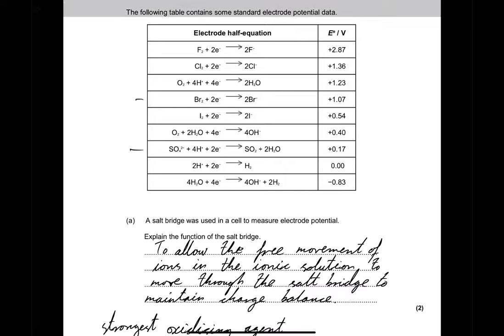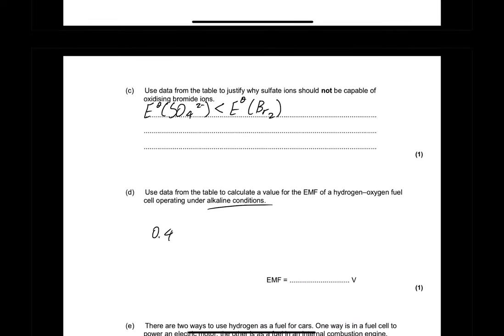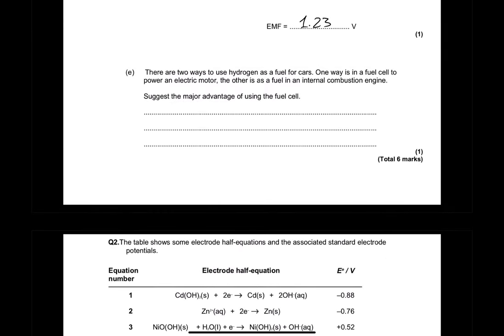Alkaline conditions, so that is this one here and this one here. 0.4 minus 0.83... I'll make it in big writing. 0.4 minus 0.83, and that's equal to 1.23 volts. Quick maths there.